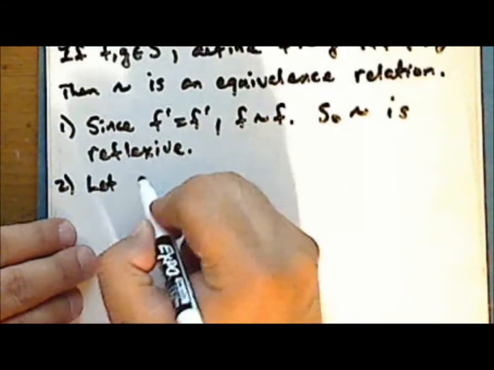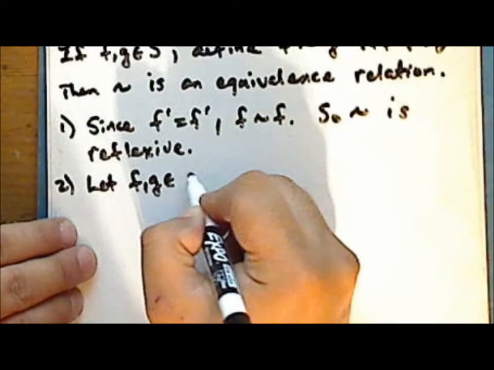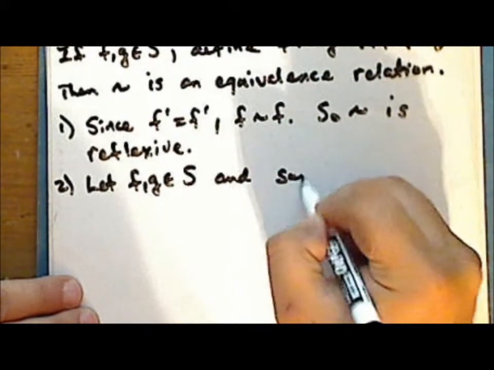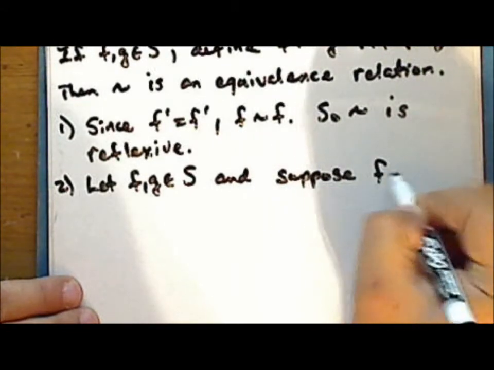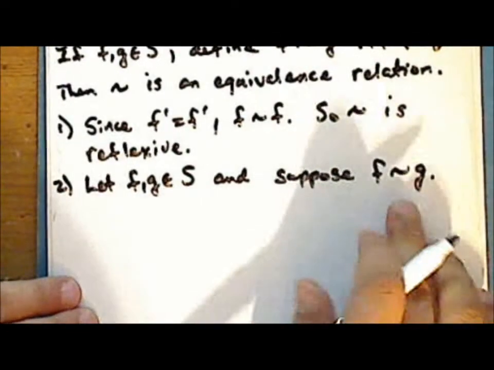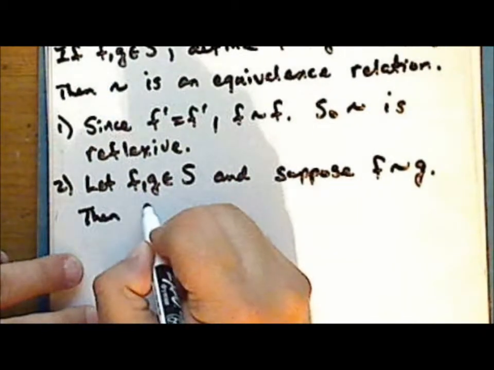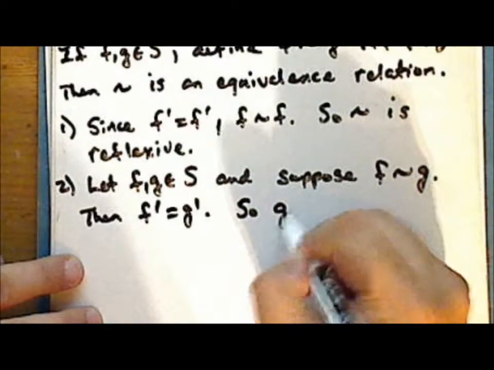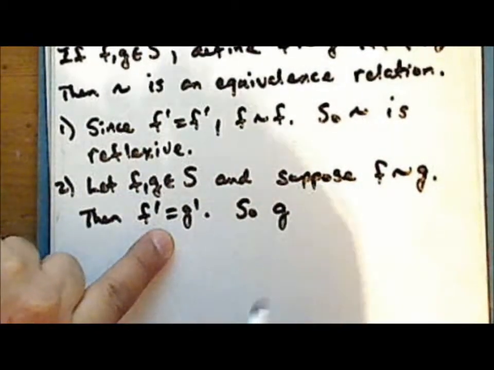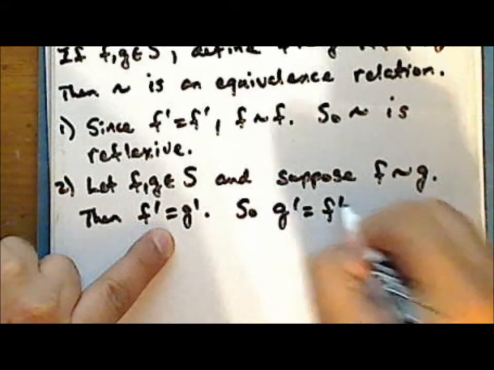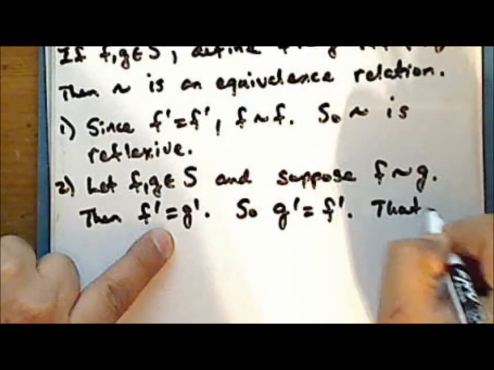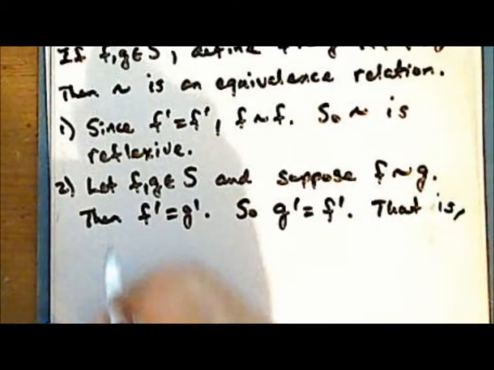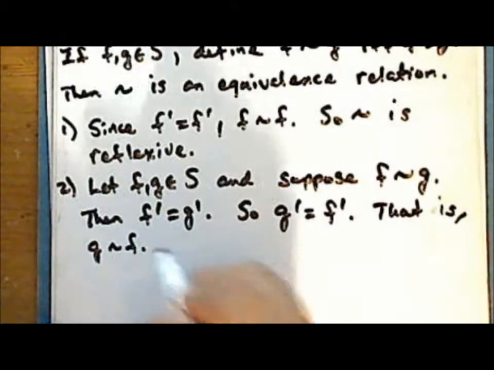Second, let f and g be two polynomials with real coefficients, and suppose that f is related to g, then by definition f prime is equal to g prime, and so by equality g prime is equal to f prime, and this is just another way of saying by definition that g is related to f.